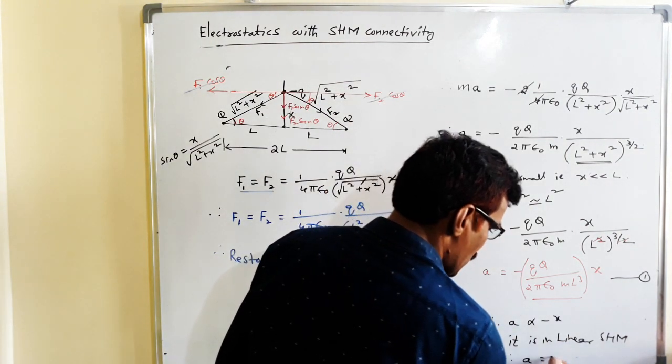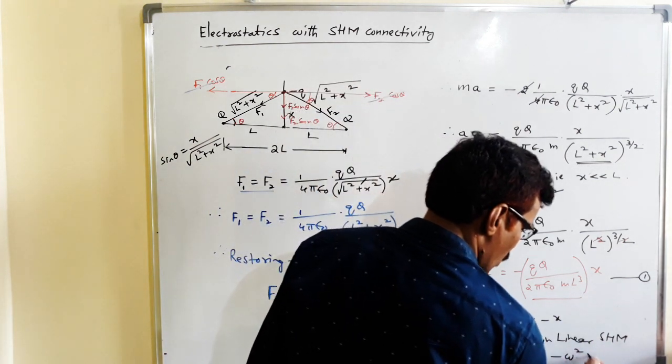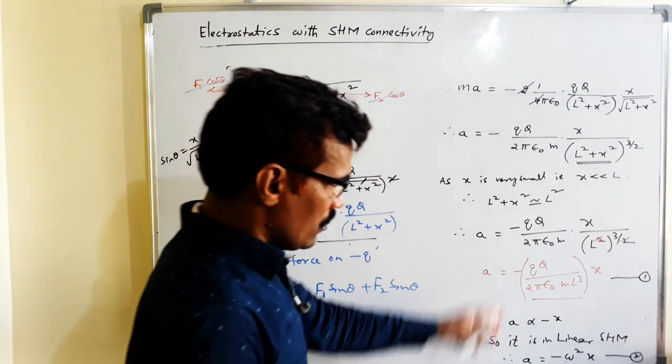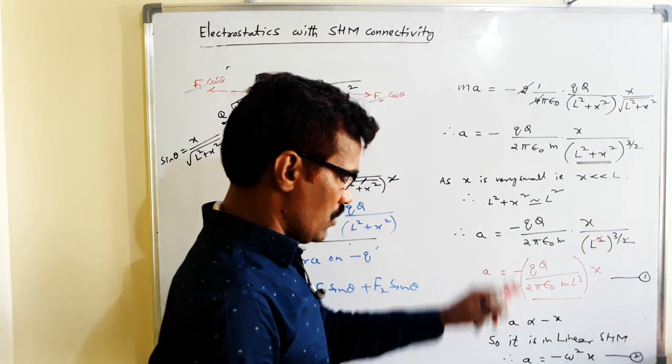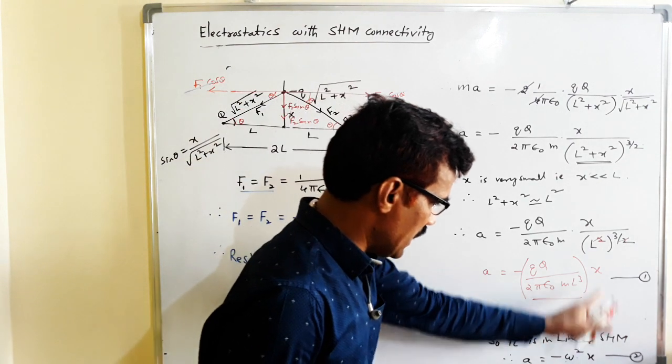Therefore the acceleration of a particle executing SHM is a equal to minus omega square x. This is equation 2. From these two equations 1 and 2, comparing with each other, we get a equal to minus omega square x.